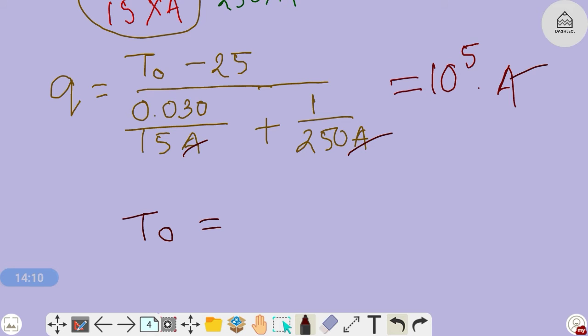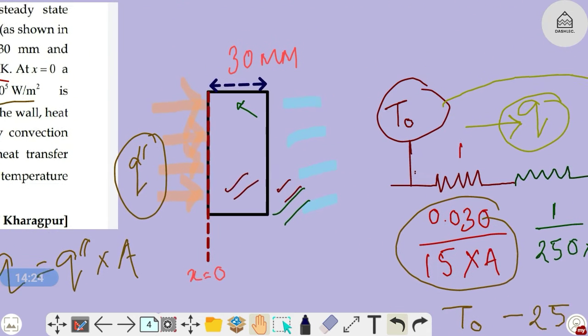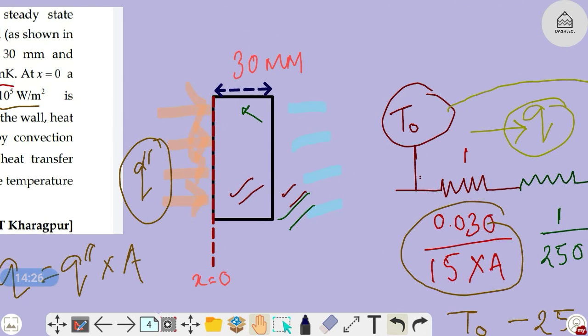From here T0 will be 625 degrees Celsius, and this is our T0, the temperature of this portion. At x equal to 0, T is equal to 625 degrees Celsius. Now let's move to the next question.